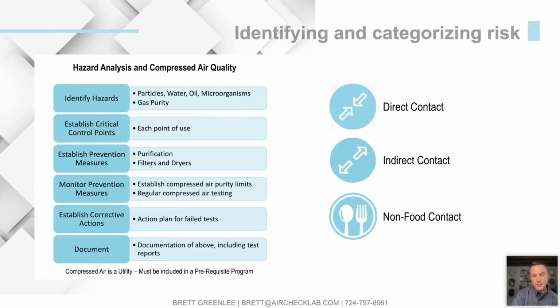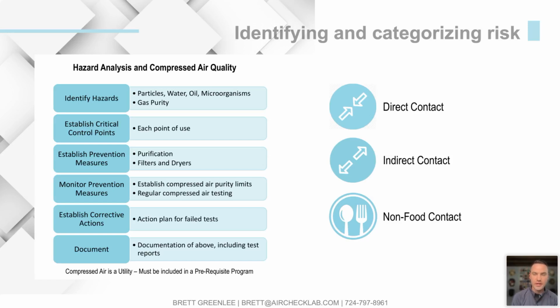So let's dive into some of the meat and potatoes of this presentation. Really, let's look at this system-wide. Let's think about the contaminants that exist in the air, everything we just talked about. And then let's identify where our risks are and how to categorize those risks. Now, identifying the hazards, we talked about the particles, water, oil, microorganisms, potentially gas purity.